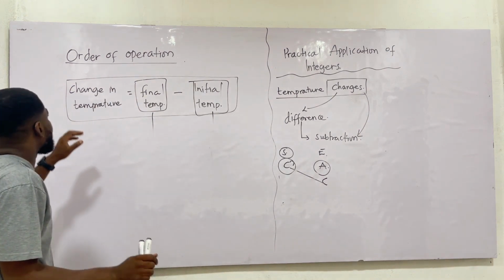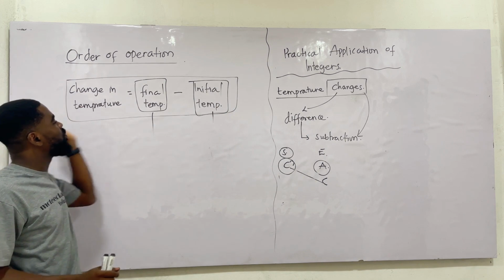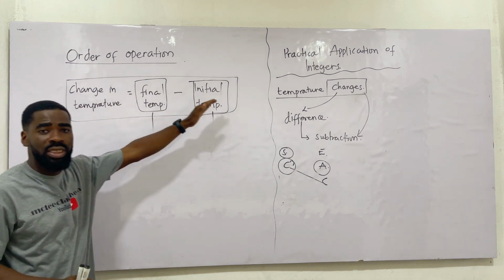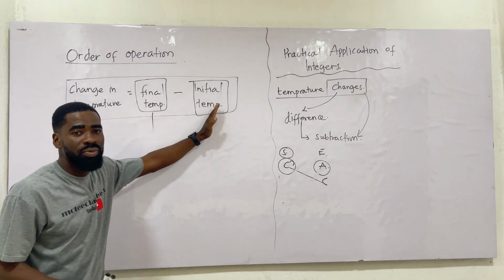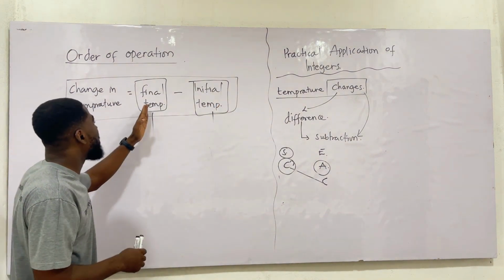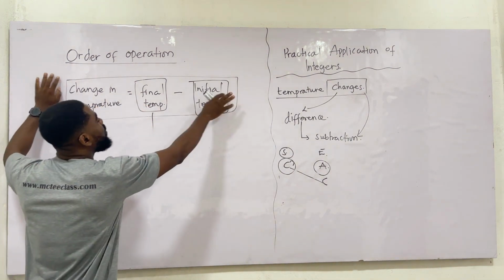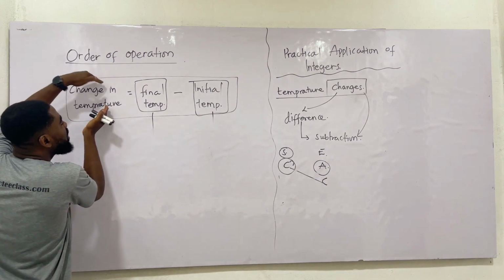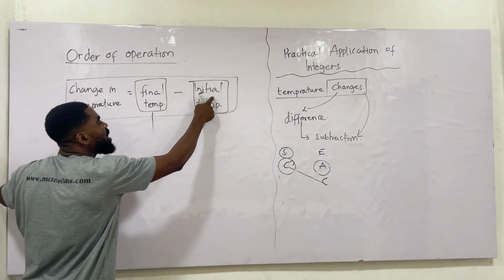That notwithstanding, I always tell students, those who have been with me, once you have an equation, the equation has change in temperature, final temperature and initial temperature. Don't always expect the question to give you the final and the initial. No, it's an equation. So anything can be given. If you are given this and this one, then you have to find this.